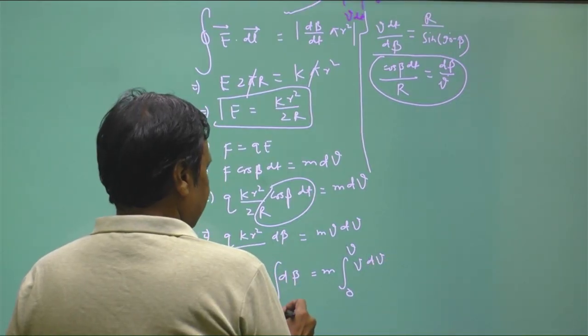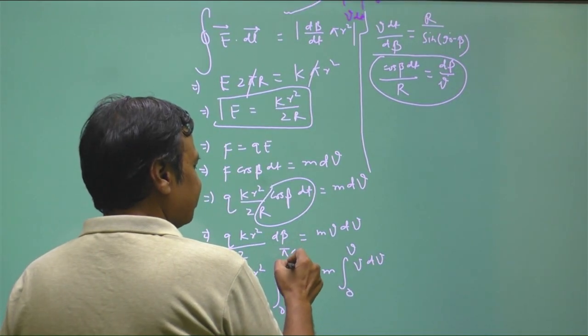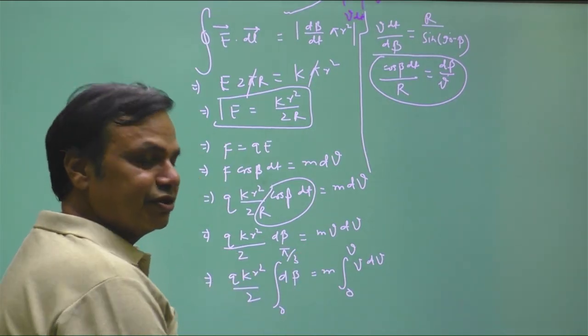Beta is this angle, so initially the ball was here and beta was 0 initially. Finally, beta was pi by 3. It is given in the problem.